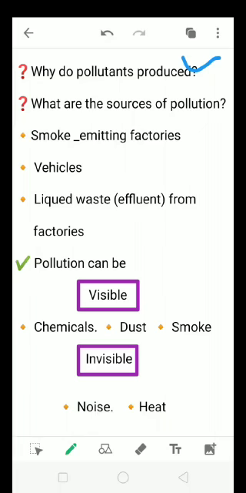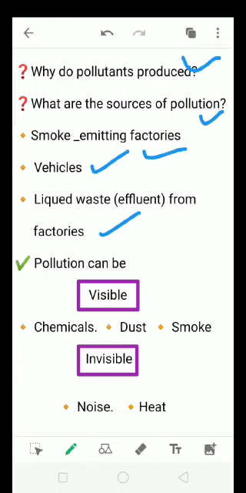So these are the sources of pollution: smoke-emitting factories that produce too much smoke, vehicles that we use daily, and the liquid waste or effluent from the factories. These are the main sources of pollution.